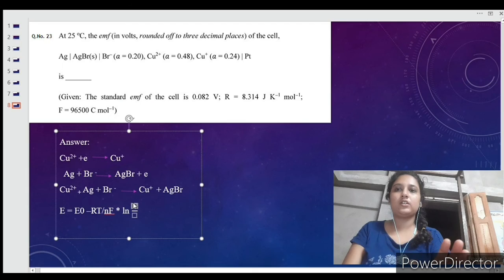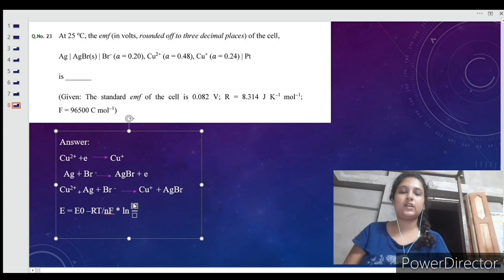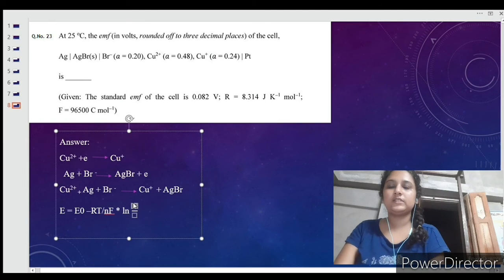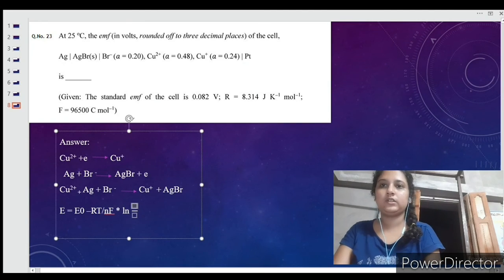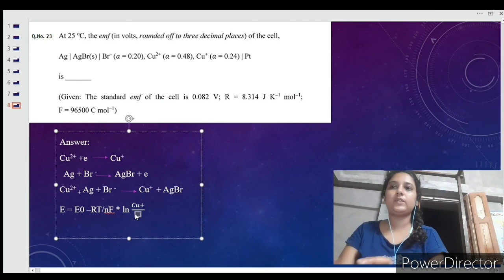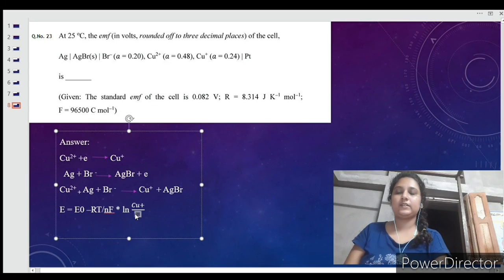AgBr is solid, so we don't take the AgBr concentration into consideration, because its activity is equal to 1. So just write the concentration of Cu+ divided by the concentration of the reactants.